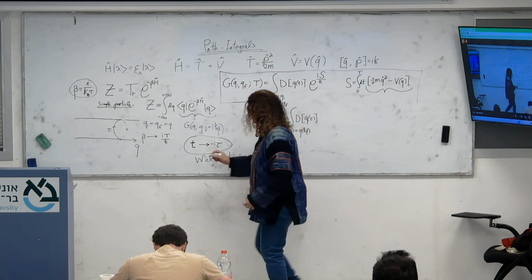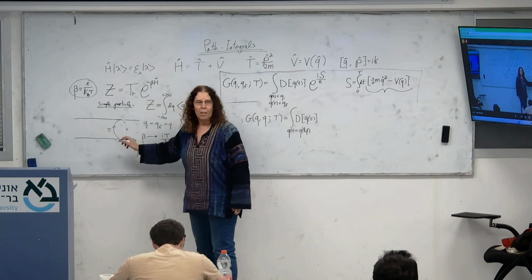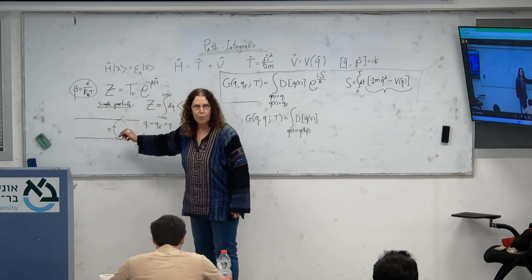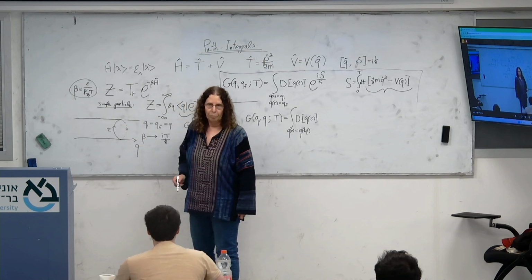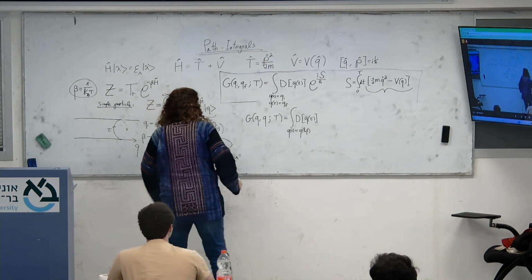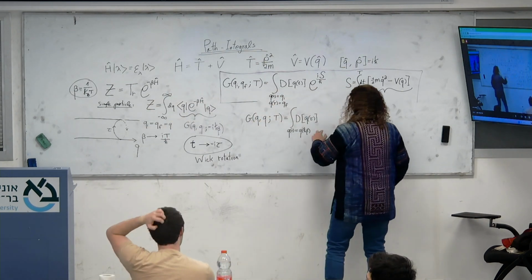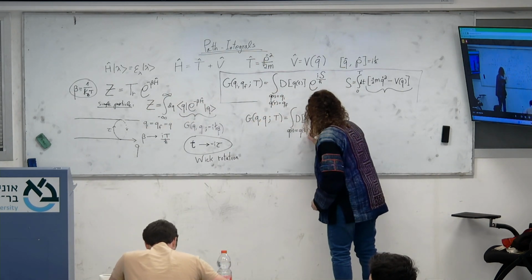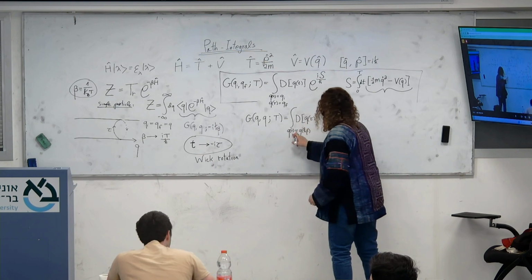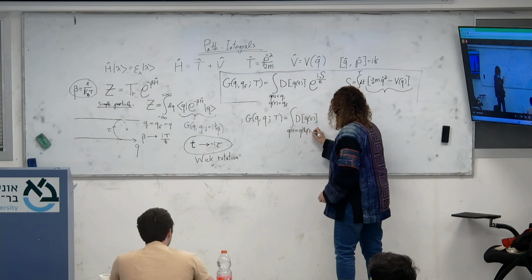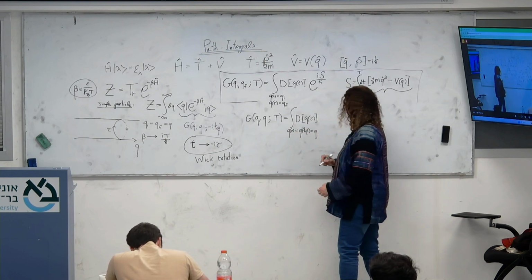So h bar beta is the circumference of this cylinder. Okay? So we're integrating over a circumference and we equate q of 0 to q of h bar beta to something we call q.